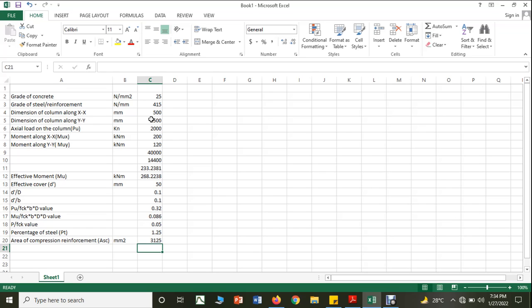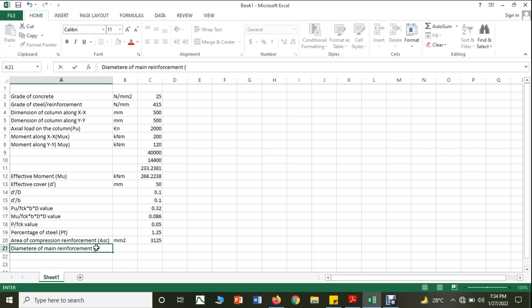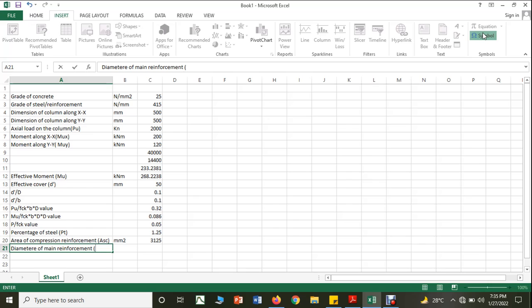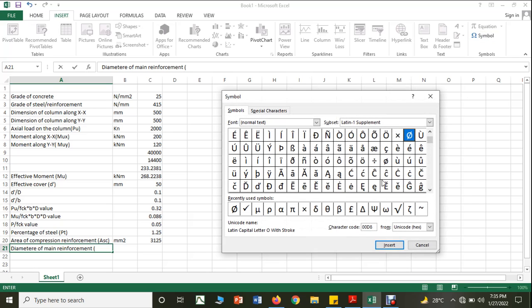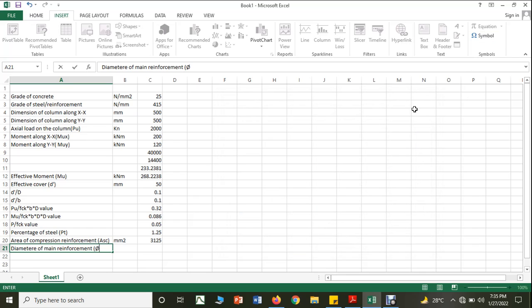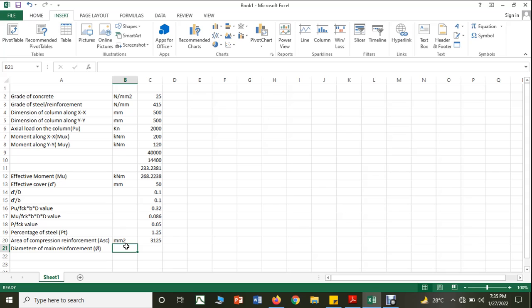Now assume the diameter of the main reinforcement provided, in mm.